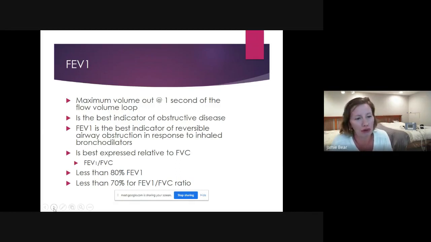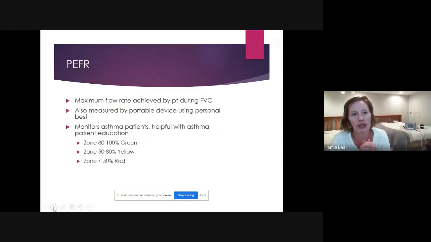It's also very important when it's measured relative to the forced vital capacity, so that ratio. Less than 80% of the FEV1 indicates that there is impairment, and less than 70% for the FEV1/FVC ratio means there's impairment.